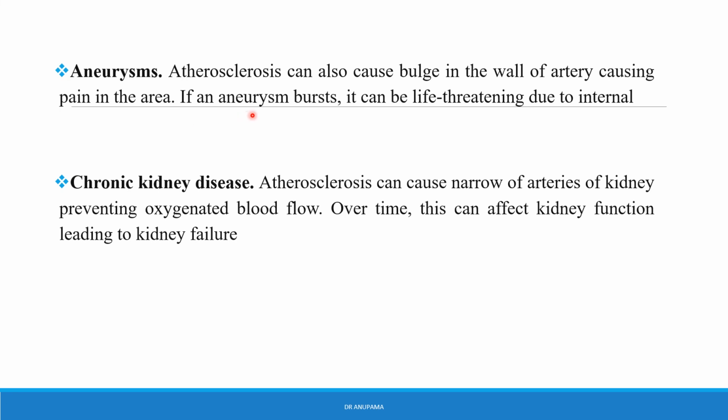If an aneurysm bursts, it can be life-threatening due to internal bleeding. Chronic kidney disease. Atherosclerosis can cause narrowing of arteries of kidney preventing oxygenated blood flow. Over time, this can affect kidney functions leading to kidney failure.